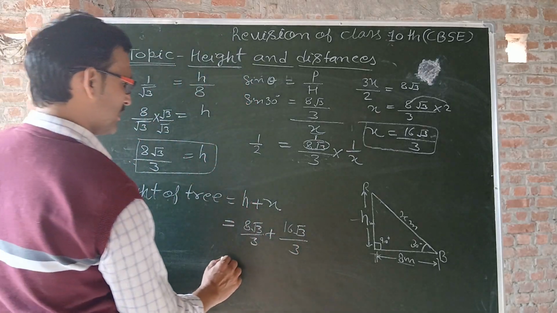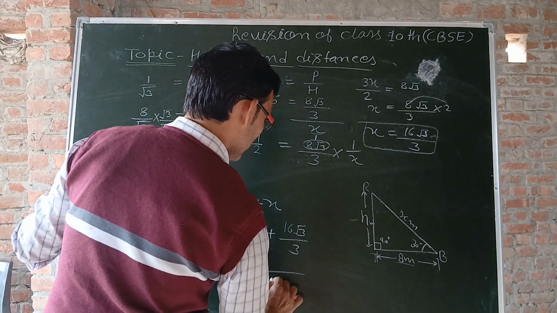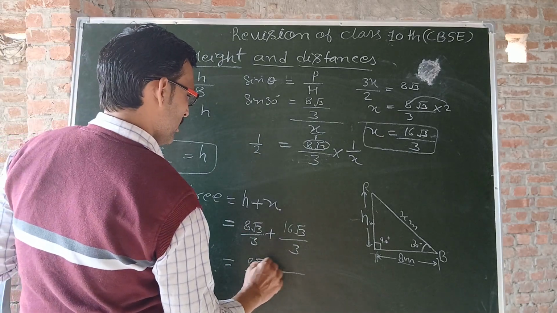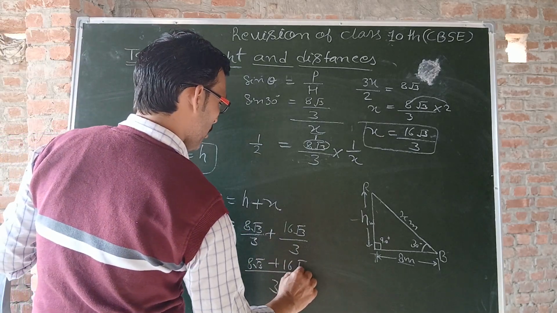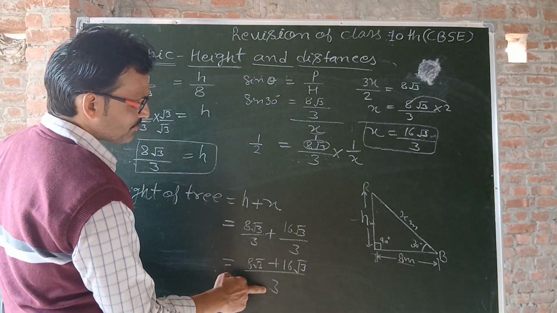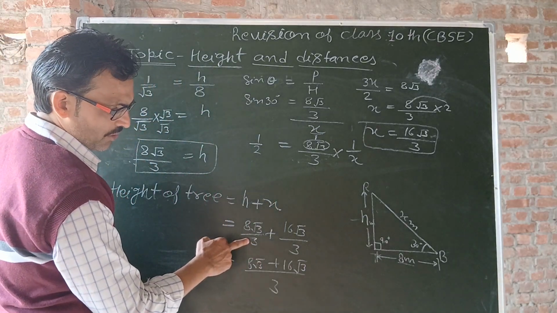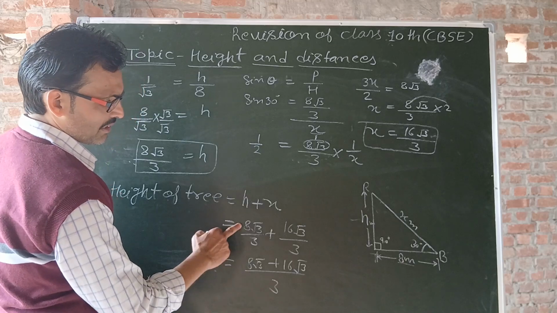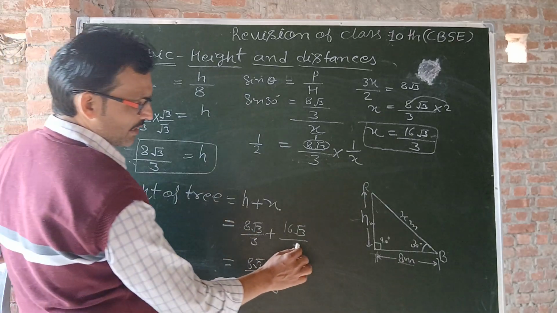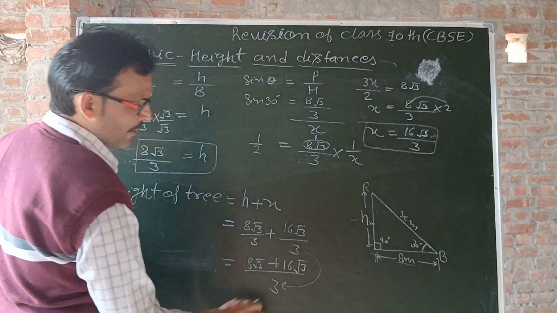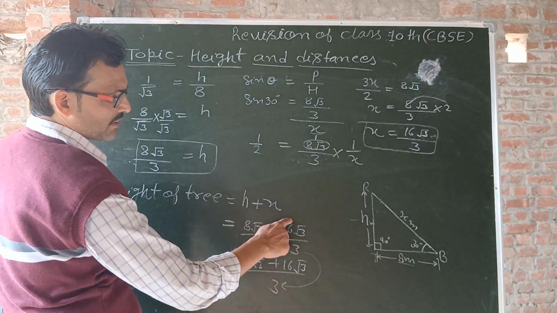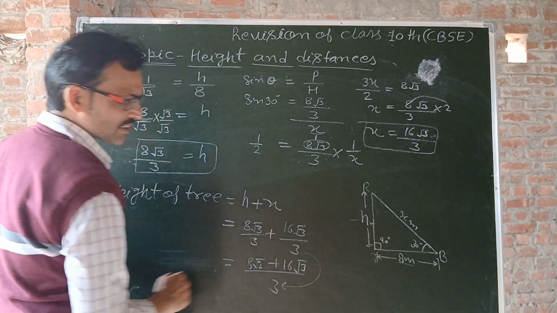Now I can take the LCM of this, 3. Now 8 root 3 plus 16 root 3. How do we get this? I divided this LCM by the denominator of this, so we get 1 and multiply here. You will get the same thing if you multiply with 1. Similarly, I divided this 3 by the denominator of this one and we get 1, and multiplied this in the numerator and we got 16 root 3.